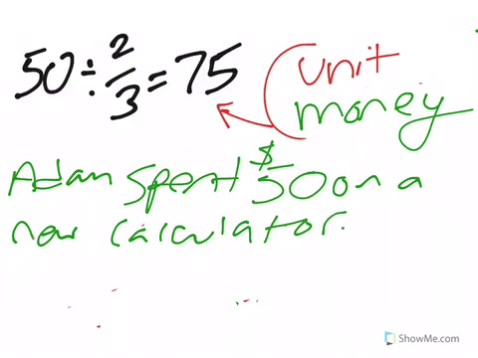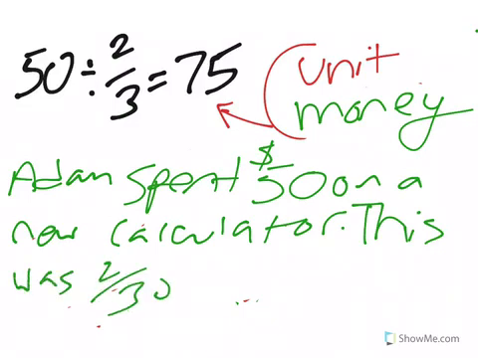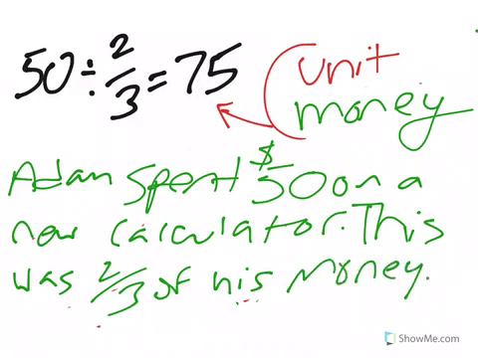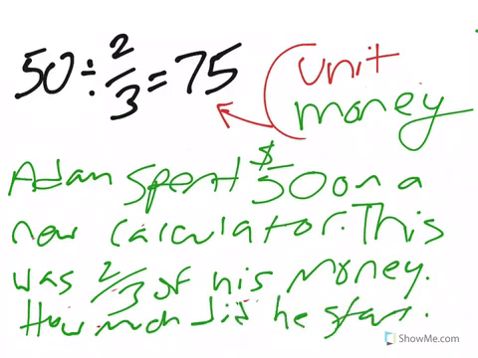That's an expensive calculator, right? That must be a graphing calculator. This was 2/3 of his money. How much did he start with? Now you can kind of see why I usually type out the words, right?